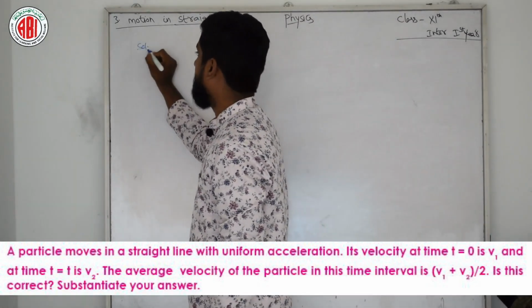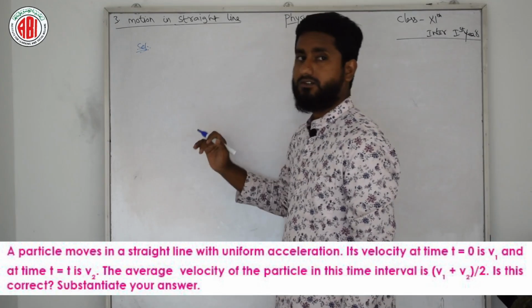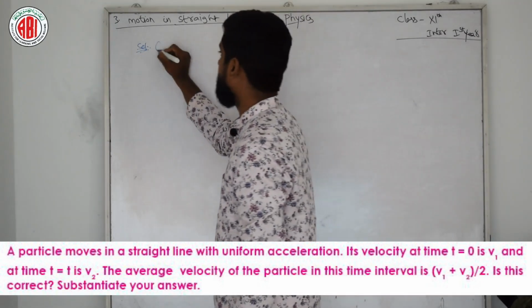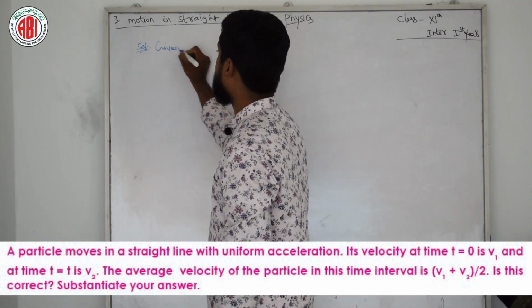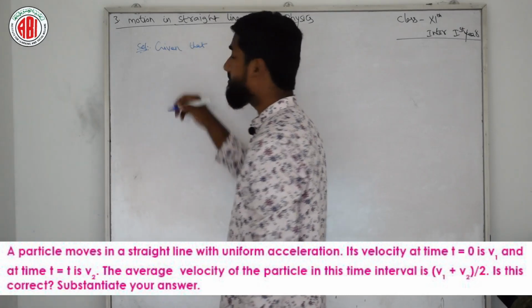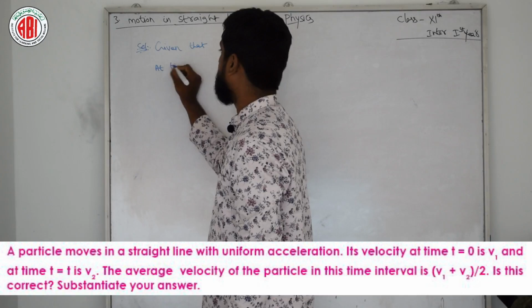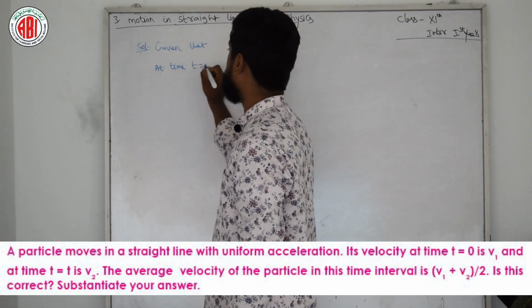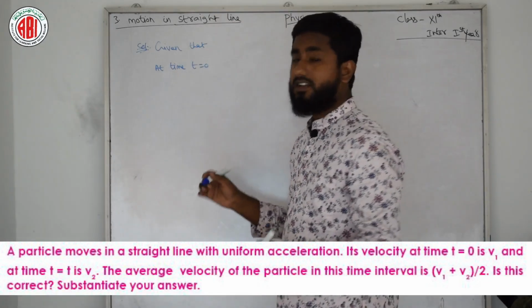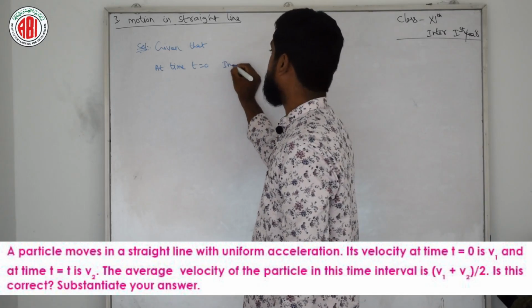Solve it. I am not removing the question because I need to write some data. Given, what is given to us, you can see, very easy. At time t equal to 0, the velocity we call the initial velocity. Why?